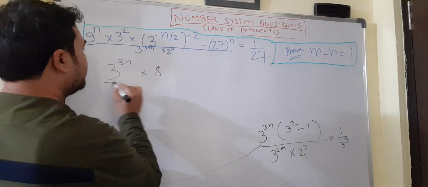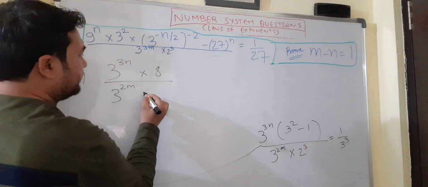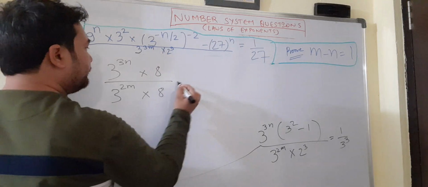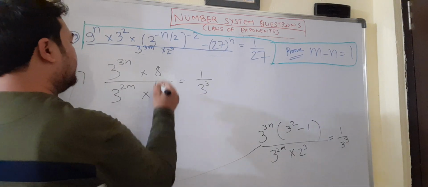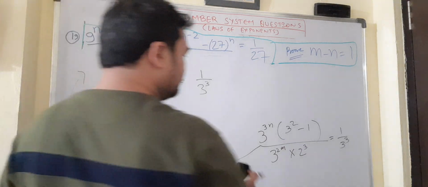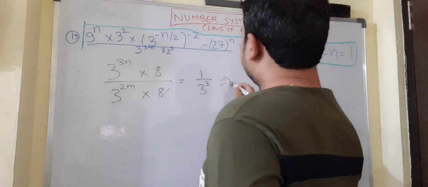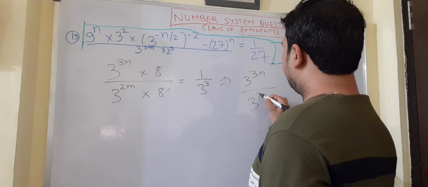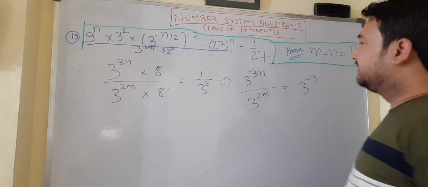What is it? 8 divided by 3 to the power 2n into 2 cube. 2 cube is 2 twos are 4, 2 fours are 8, equals 1 by 3 to the power 3. This 8 and 8 will cancel each other. Now whatever is left is in terms of 3 only. This you can write as 3 to the power 3n divided by 3 to the power 2n equals 3 to the power minus 3, isn't it?